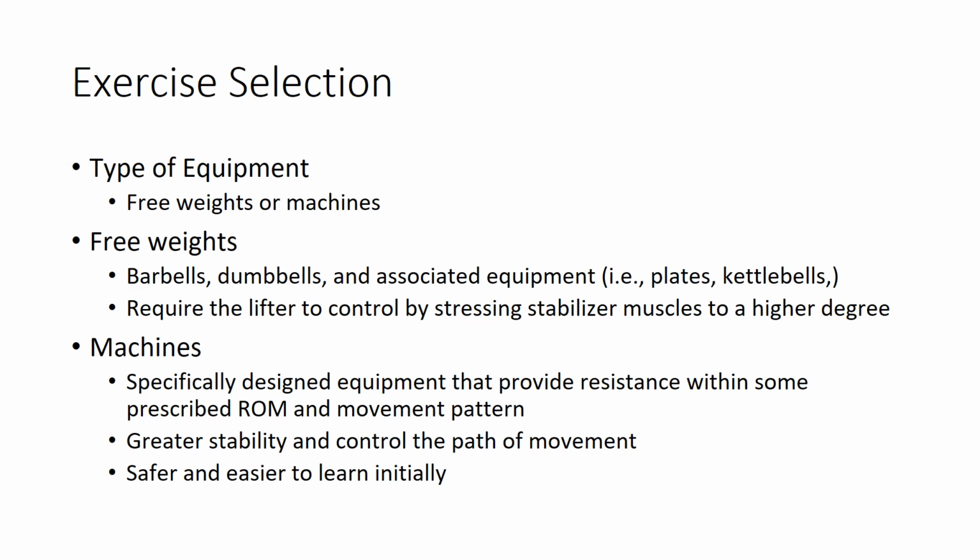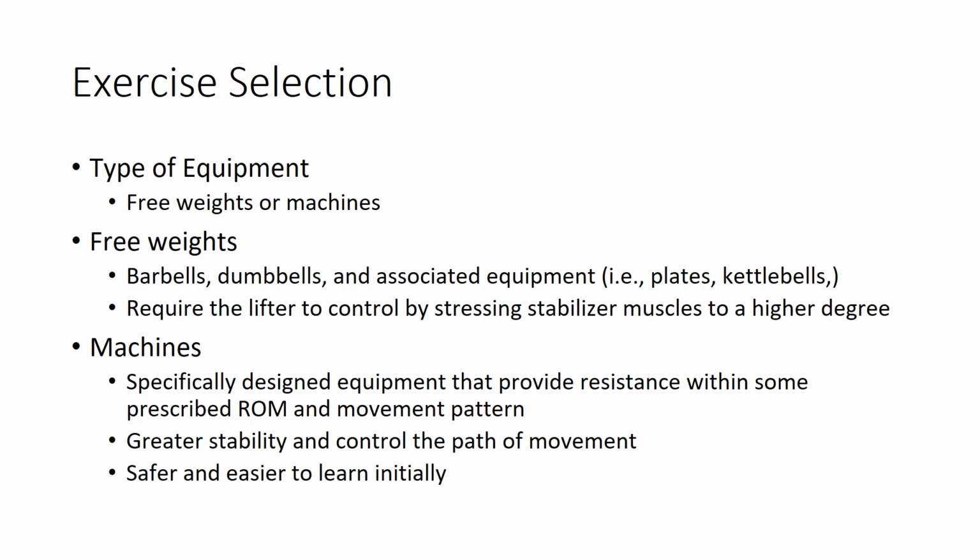You can also utilize machines with the elderly, just because as they get older, they don't have as much skill as they used to, and free weights require a lot more of that. And also you can utilize machines for rehabilitation. But a big thing with the type of equipment that you're utilizing is not only whether it's free weights or machines, but the availability of it should be considered as well.